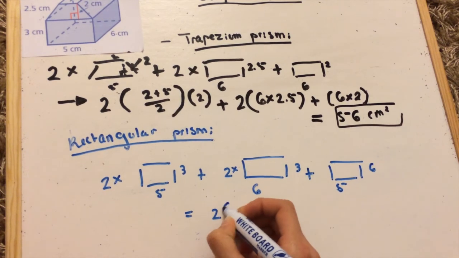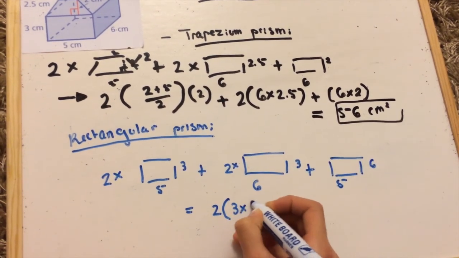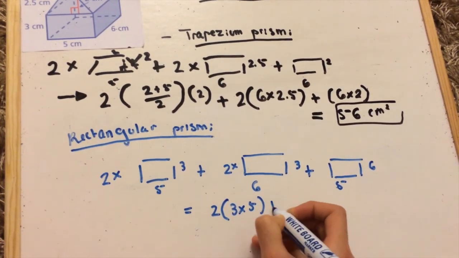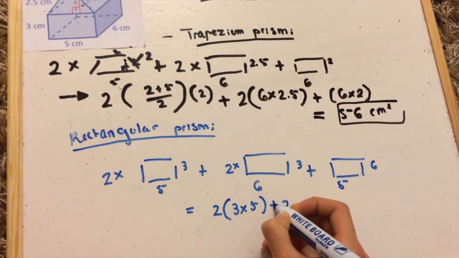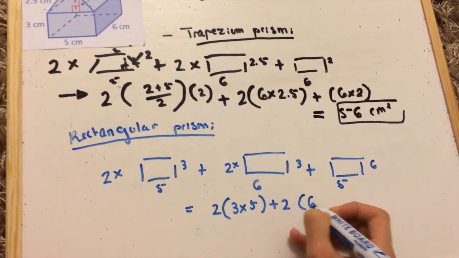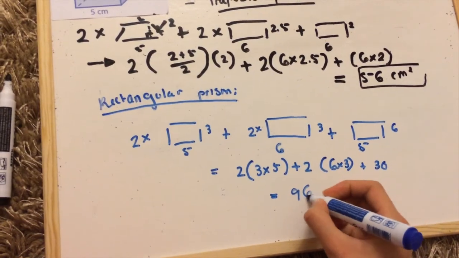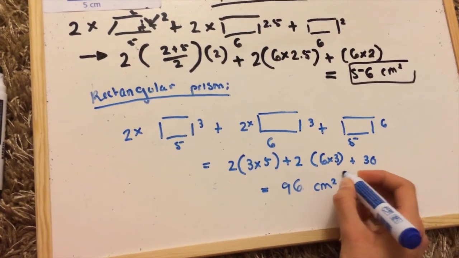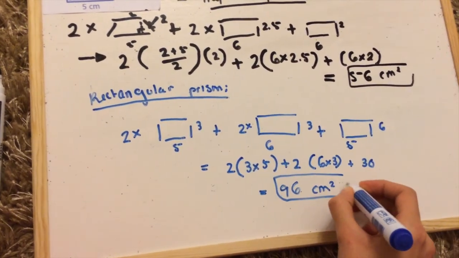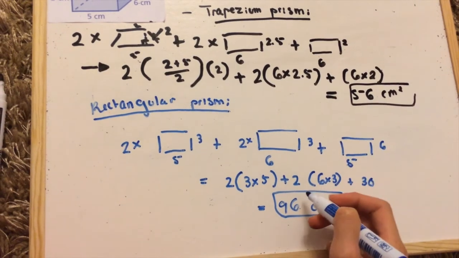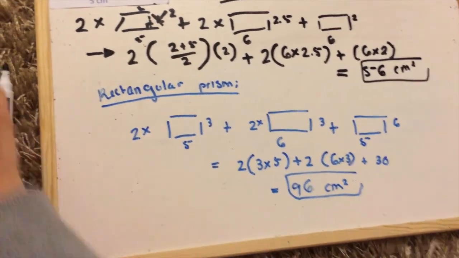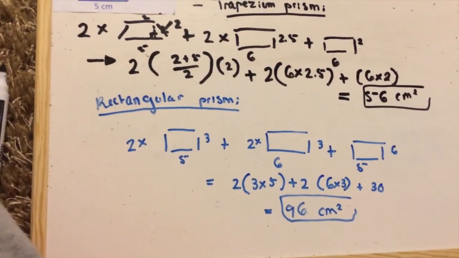So the area is found by multiplying the width by the length, so that's 3 times 5, and multiply it by 2 because there's 2 rectangles. And our answer is 96 centimeters squared. Now I'm going to go to the corner here and add this and this over here in the corner. I'm going to use my green marker.